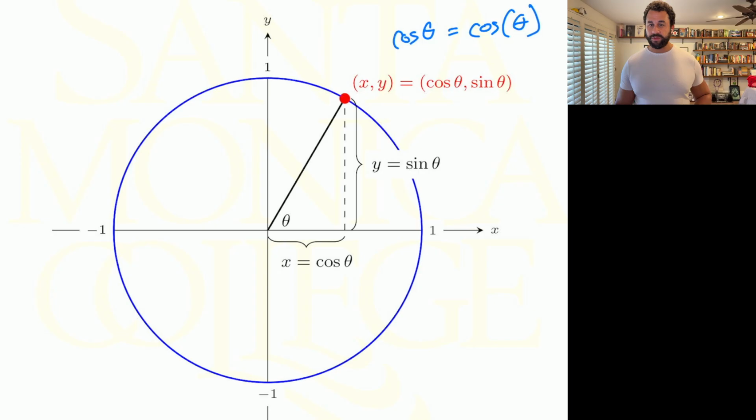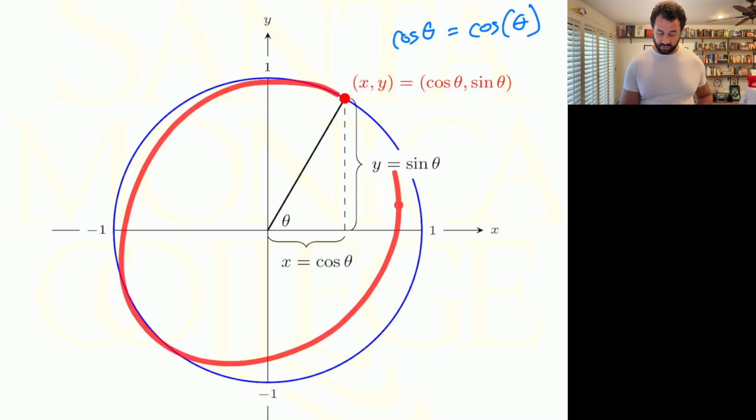Now, back to the big picture here. x is cosine theta, and y is sine theta. x is the horizontal displacement of this point, wherever that point is on the circle, and y is the vertical displacement of that point on the circle. That's sine of theta. Now, as this point moves around, these values are going to change, right?